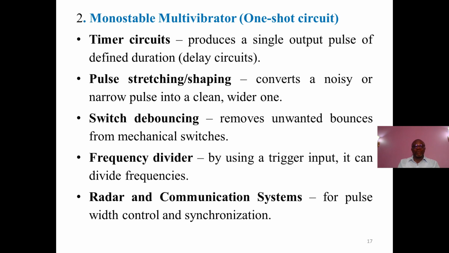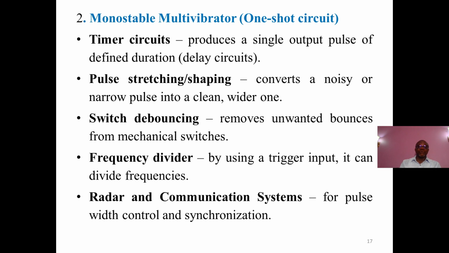We have another form of multivibrator which you call the monostable multivibrator, which is used when you want to get a timer circuit, produces a single output pulse of defined duration. So if you want to introduce a delay in a digital circuit, you use these monostable multivibrators because it will give you just one shot.